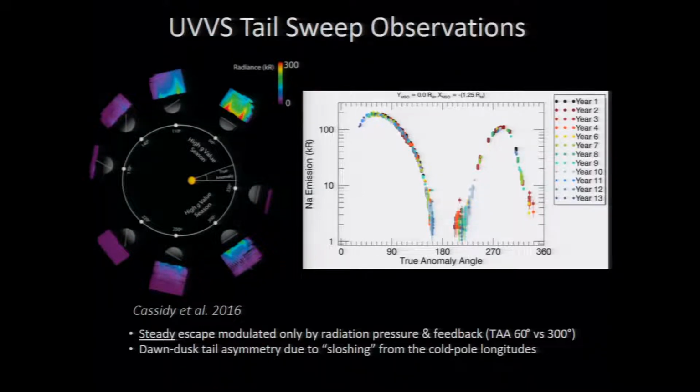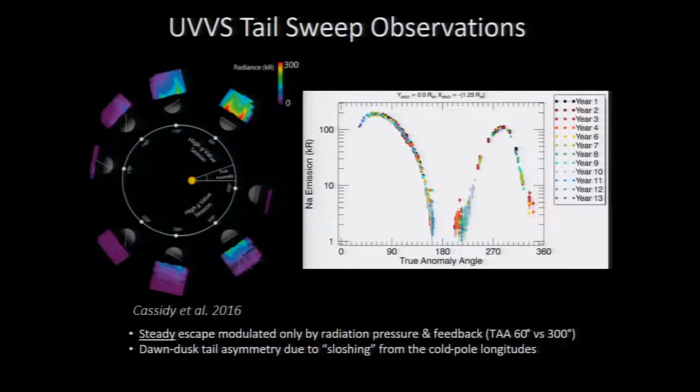This is a plot of the sodium tail data that MESSENGER took with these fan sweep observations. If I take one distance down tail and plot the brightness as a function of season, it's very, very repeatable. There's very little variability in the data set, and it's very much a seasonal effect.